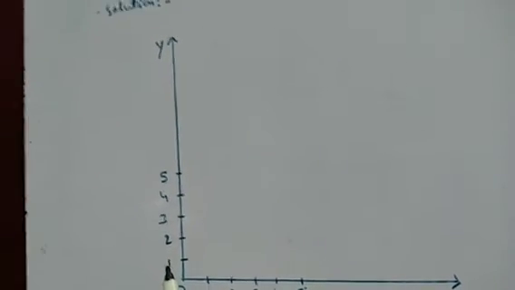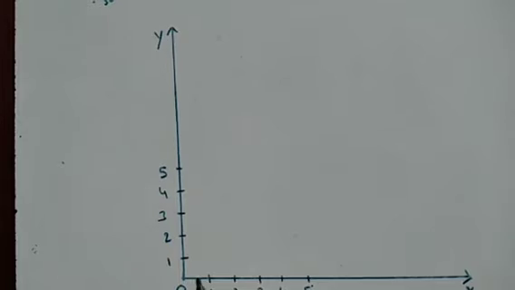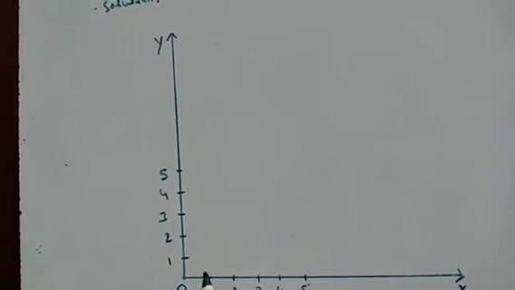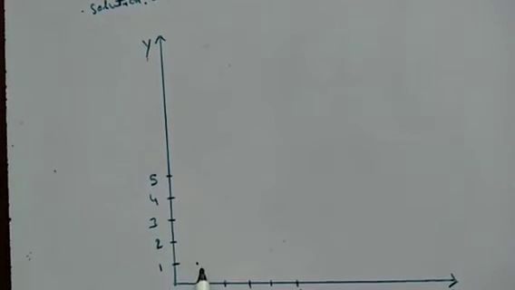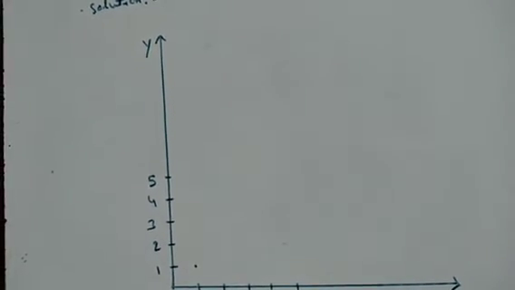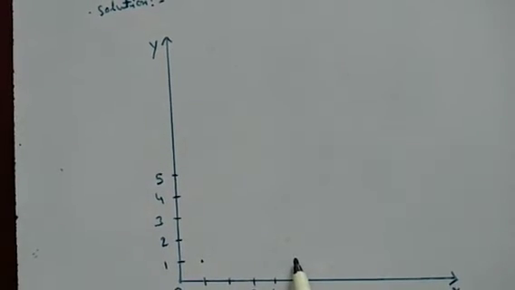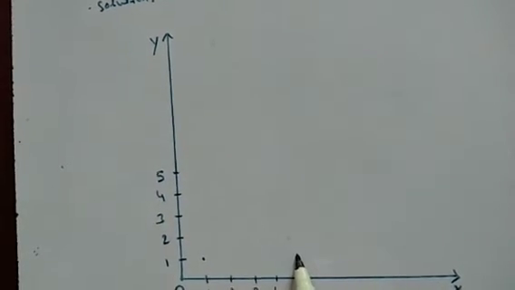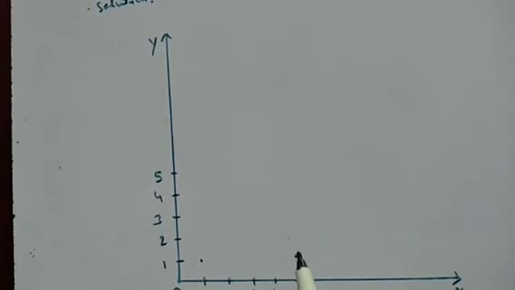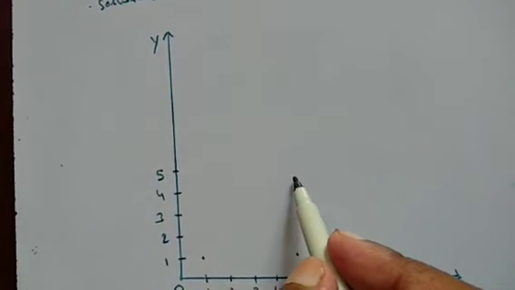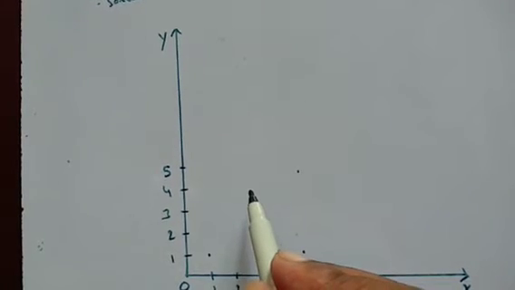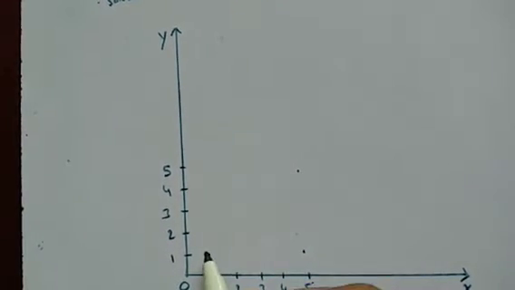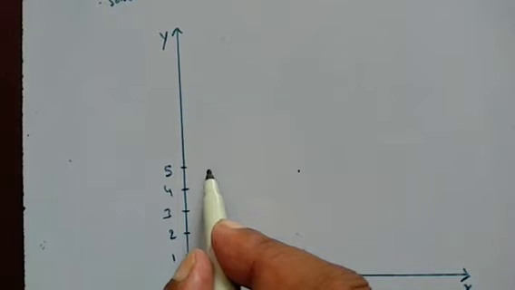Now we plot the given point A. Point A is (1, 1). Point A falls here. Point B (5, 1) falls here, and point C (5, 5) falls here, and point D (1, 5) falls here.